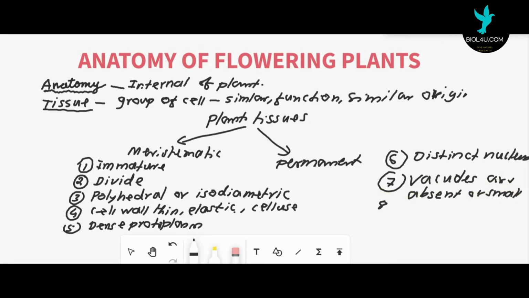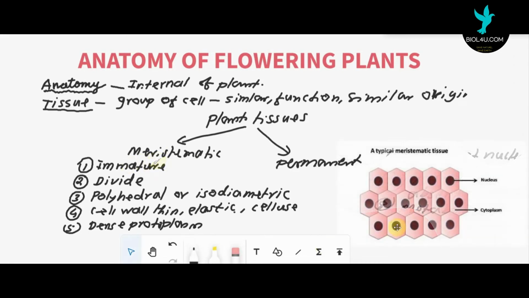Then one more character: it has a high rate of metabolism. Because it is a continuously dividing cell, it requires energy, so the metabolism is high. These are the properties of the meristematic tissue. Then let us take a diagrammatic representation of this meristematic tissue. See here, this is one of the typical meristematic tissues.